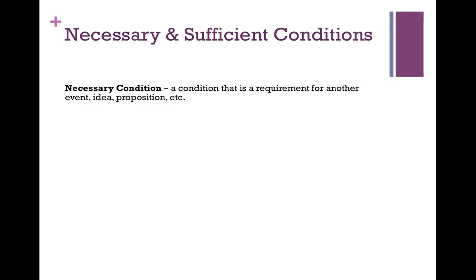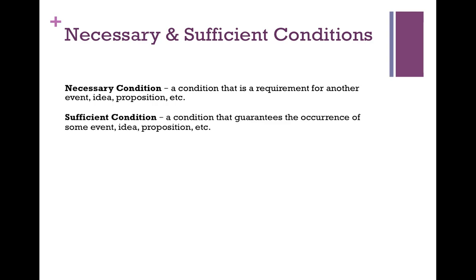You may have heard people talk about necessary and sufficient conditions in other walks of life, but basically a necessary condition is a condition that is a requirement for another event, idea, proposition. When you hear the term necessary condition, just think requirement. Whereas a sufficient condition is not a requirement, but a guarantee of the occurrence of some event, idea, proposition, etc.